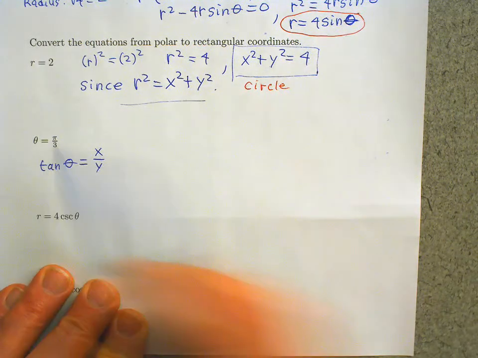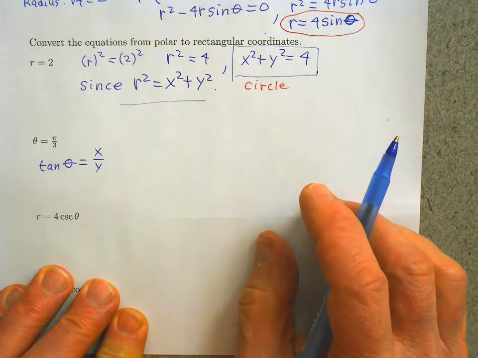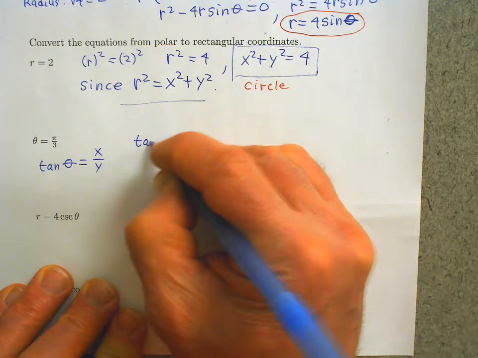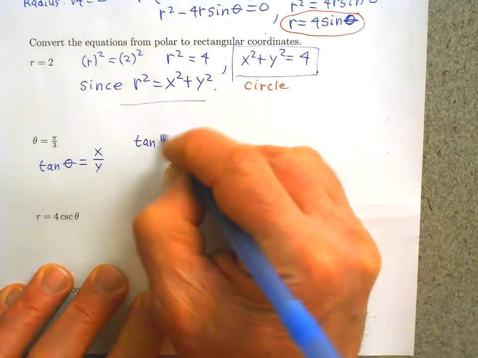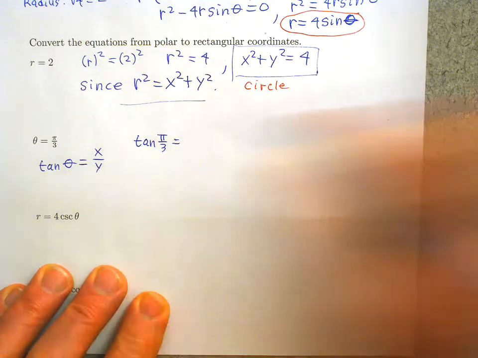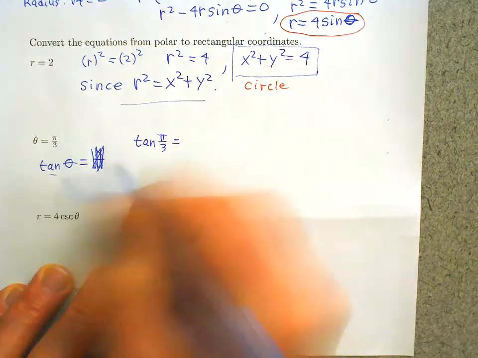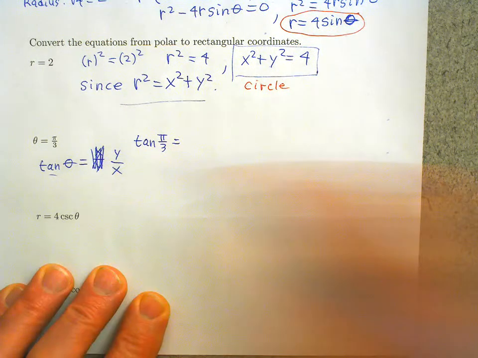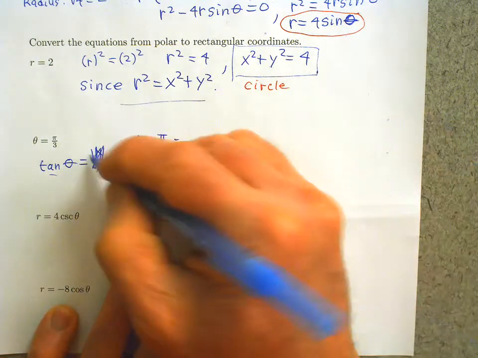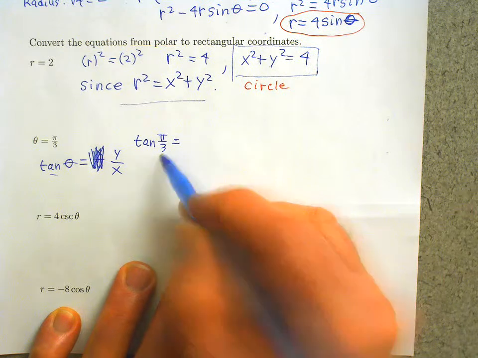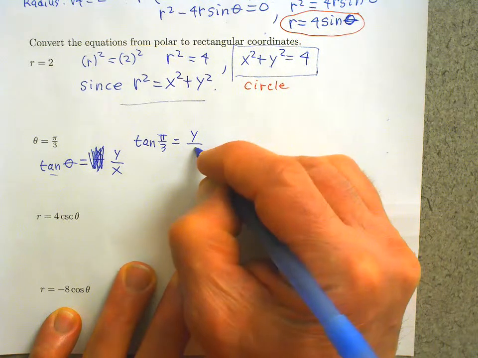But in particular, since theta is pi over 3, we have tangent of pi over 3 equals, I did that wrong. Boy, I'm really messing up. Tangent of theta is y over x. Sorry about that. So in this case, tangent of pi over 3 is y over x.